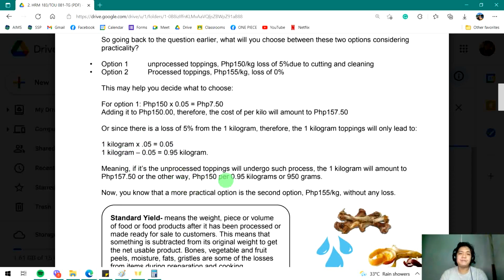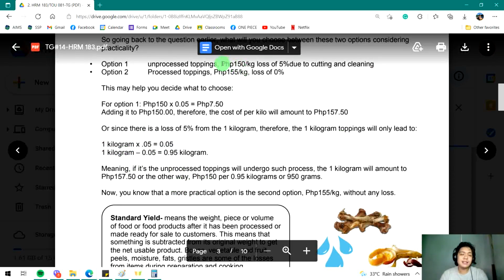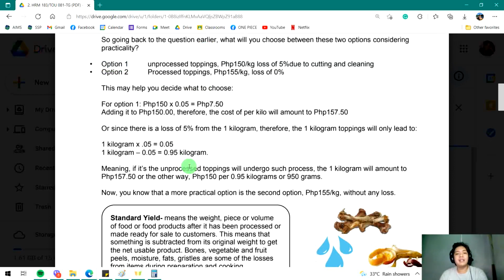Ibig sabihin, kada bili natin ng 1 kilo ng option number 1, ang lumalabas lang na magagamit natin doon is 0.95 kilogram. So, ibig sabihin, lumalabas, lugi tayo.